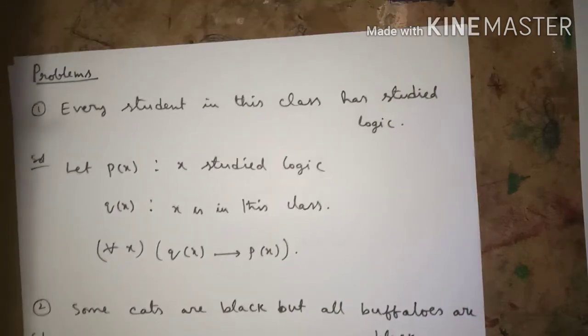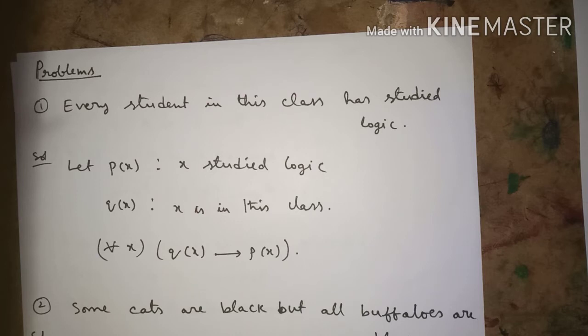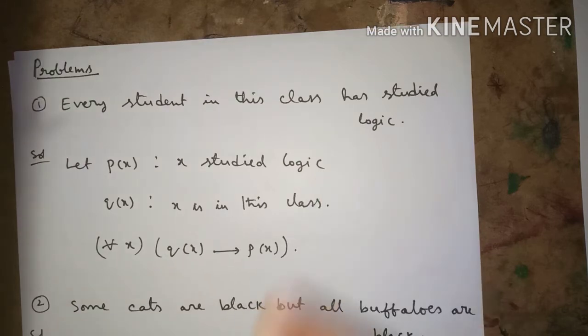Now we will see a few problems using predicates. The first problem: every student in this class has studied logic. We are going to symbolize this one. Let P of x mean x studied logic, and Q of x mean x is in this class.